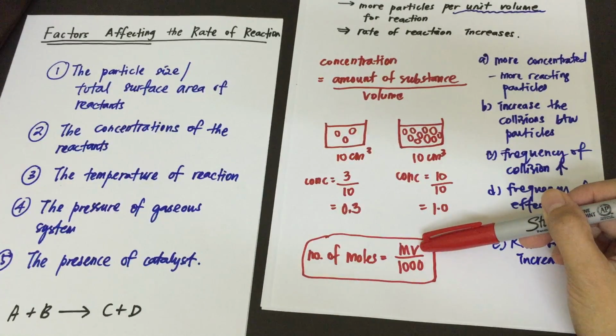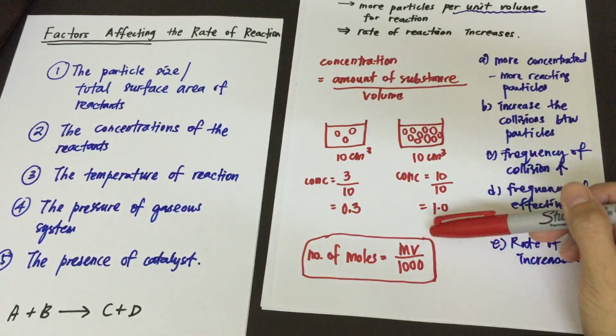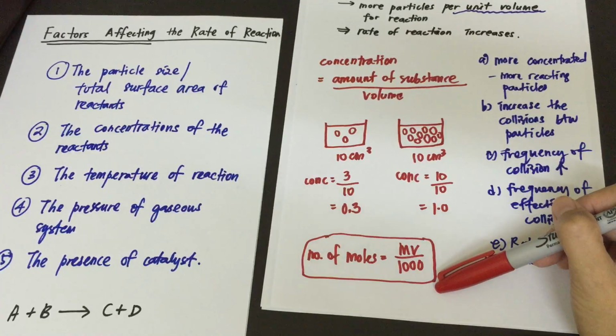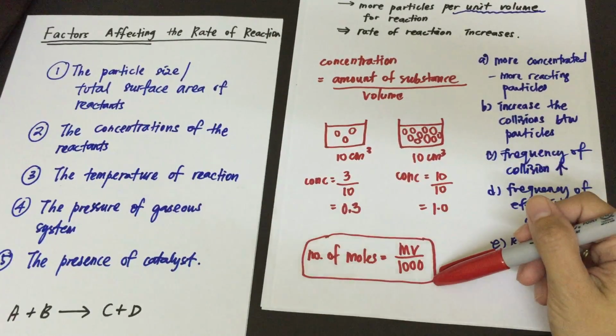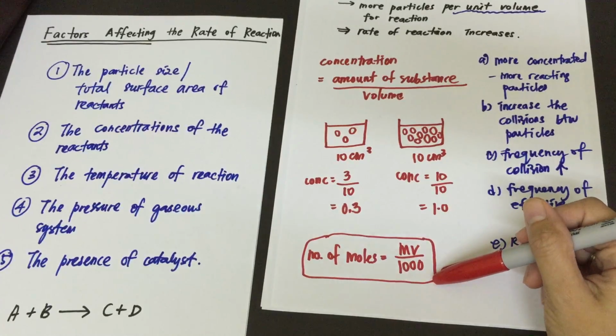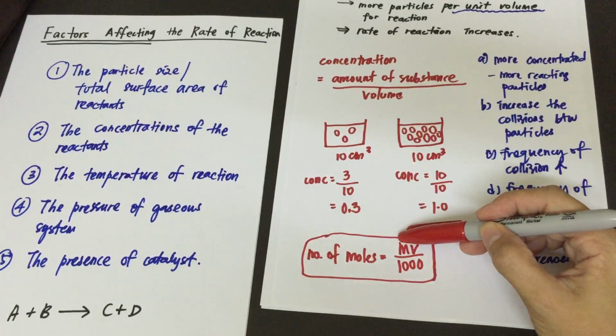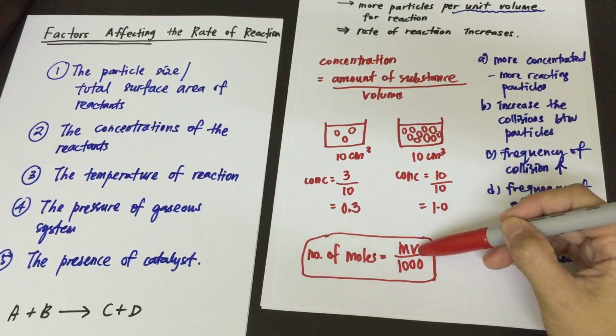The V will be the volume in centimeter cube divided by 1000. So this is a formula that we need to adopt when we calculate the number of moles of a solution given the concentration or the molarity and the volume.